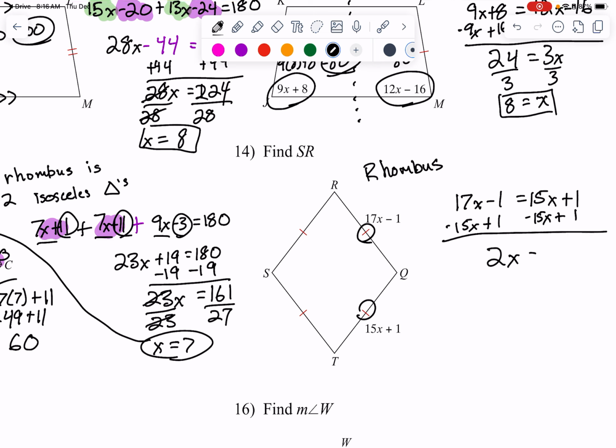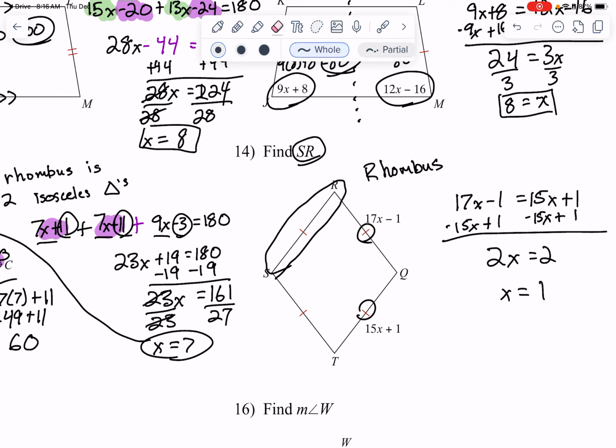That'll give me 2x equals 2, or x equals 1. But the thing it's asking me to find is one of these sides. Well, I can plug this 1 into anything, and it'll give me that side. So, because all the sides are the same, 15 times 1 plus 1 equals 16. All four sides are 16.